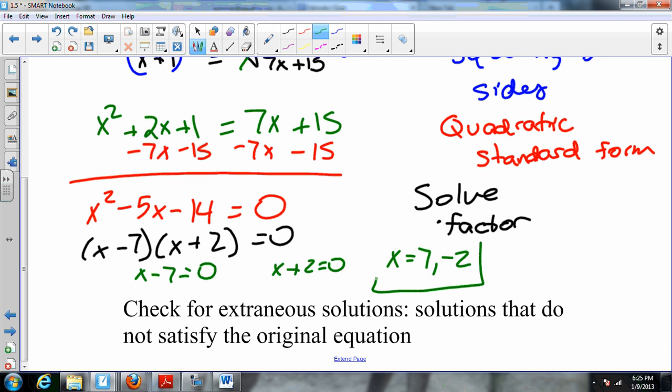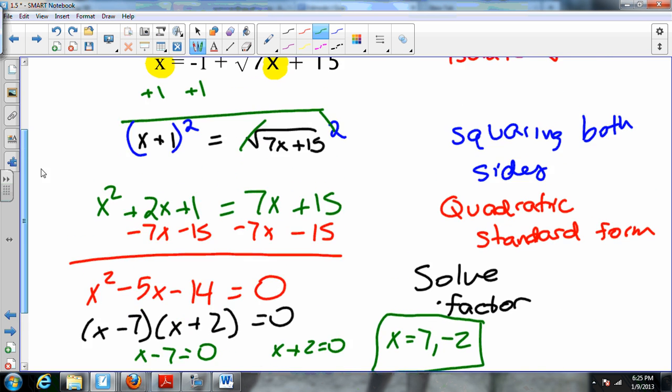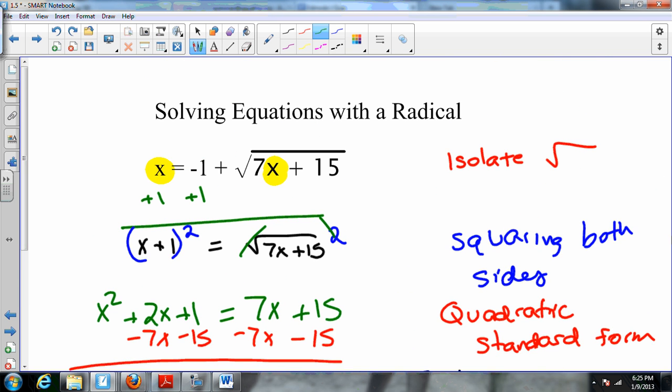Now whenever there's a problem with the square root where you end up squaring both sides, you have to check for extraneous solutions, solutions that do not satisfy the original problem. So let's go back up and check 7 and negative 2 in the original.